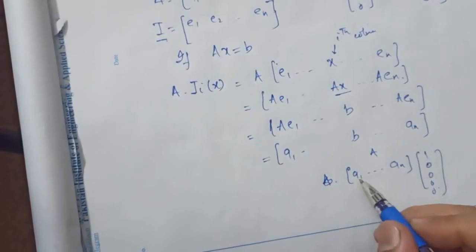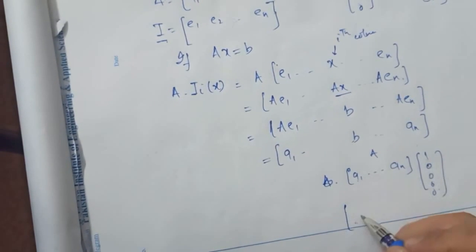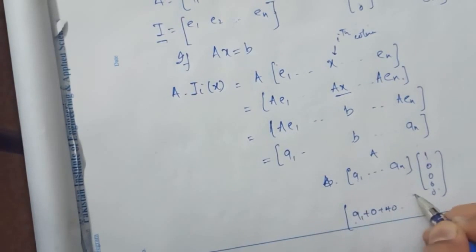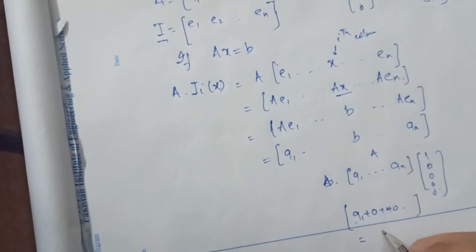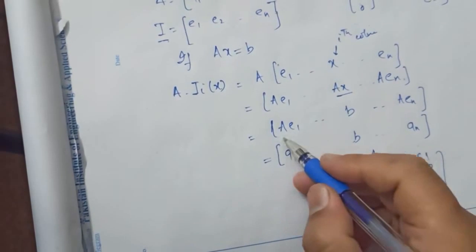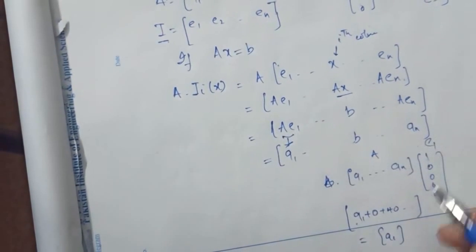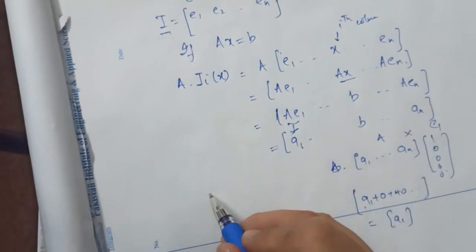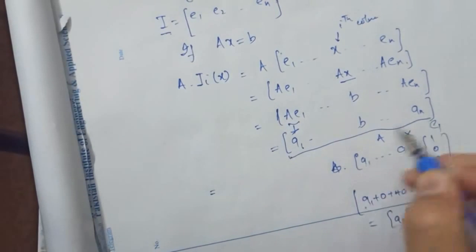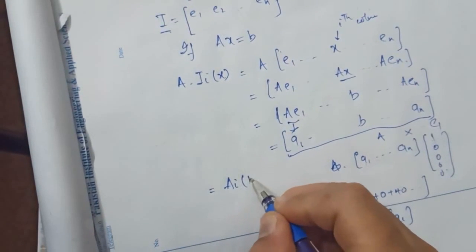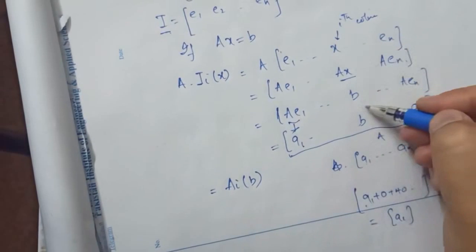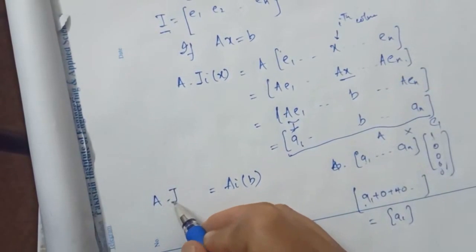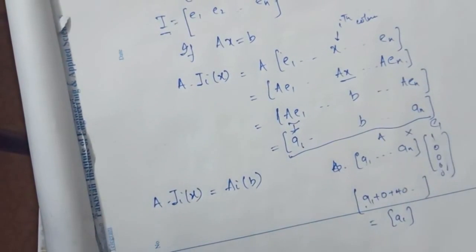So this is actually a1 being multiplied by 1, all the remaining terms are multiplied by 0, so a1 plus 0 plus 0 plus 0. So what answer you get here is a1. That's why this term is equal to a1. So A times e1 is a1, and so on and so forth, right. So this is nothing but, as we have just defined, Ai(b). That means the same in the ith column here, so A times Ii(x) is equal to Ai(b).